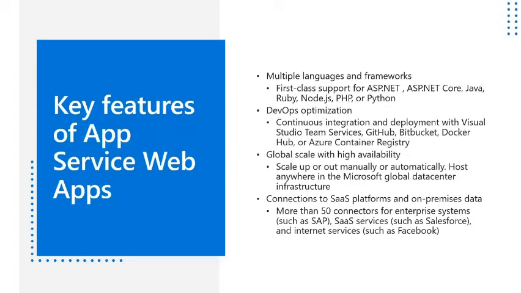You have DevOps optimization: set up continuous integration and deployment with Visual Studio Team Services, GitHub, Bitbucket, Docker Hub, or Azure Container Registry. You can promote updates through test and staging environments. Manage your apps and web apps by using Azure PowerShell or the cross-platform command line CLI. So you have really big support for DevOps.